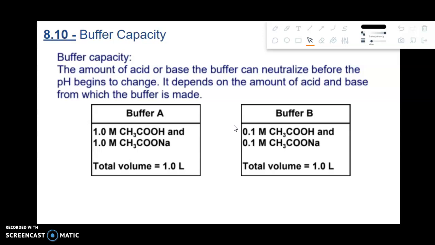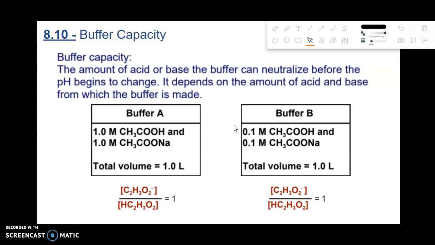So both of these are good buffers because they have an equal capacity to balance out acid and base. That ratio of 1 between the conjugate base and the acid tells us that they are very good both at balancing off addition of acid and base.